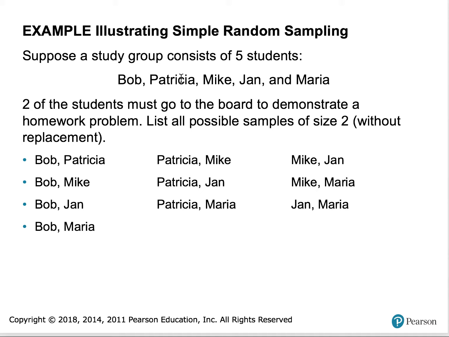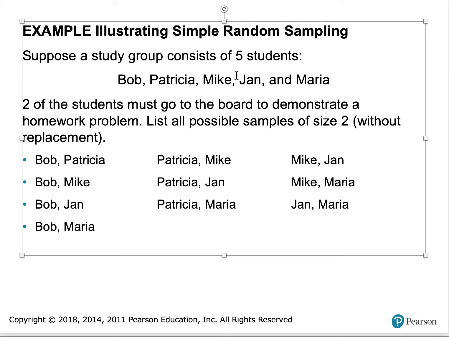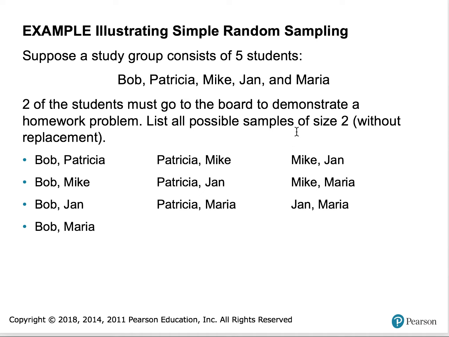Then I'd move to Patricia. But I've already got her with Bob. So that leaves Patricia with Mike, Patricia with Jan, Patricia with Maria. Now that I've exhausted all those possibilities, I can move to Mike. So Mike and Jan, Mike and Maria. And then that only leaves Jan and Maria.